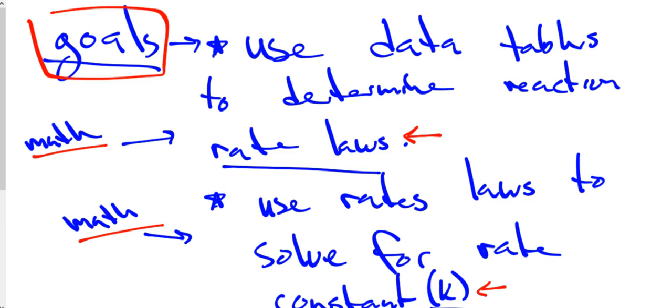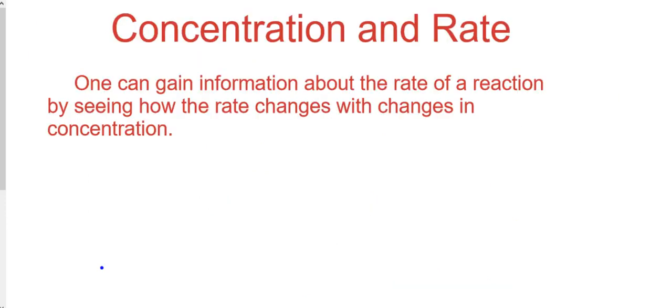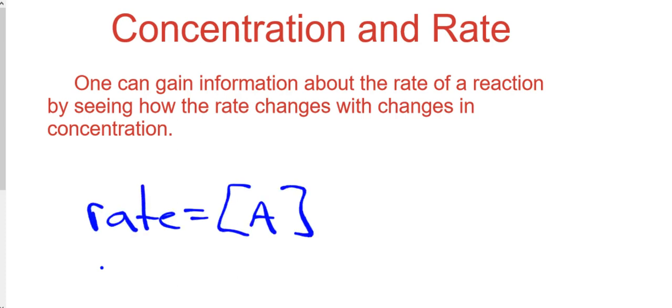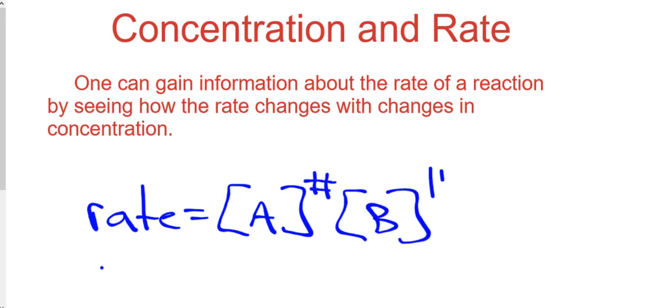Our goals today are to use data tables to determine reaction rate laws, which you've never heard of what the rate law is. But the rate law is just going to be something that says rate equals k times concentration of A raised to some number, concentration of B raised to some number. Oh, sorry, there's a constant right here.